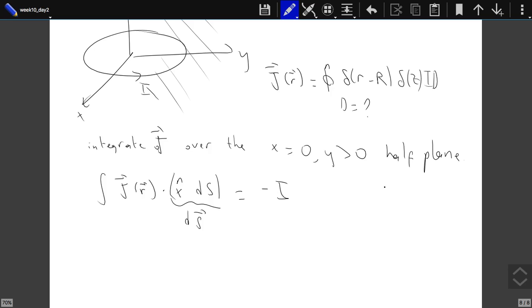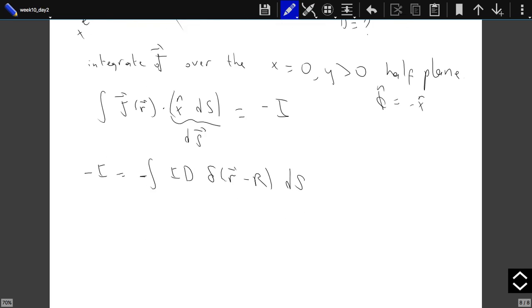So on this plane, phi hat is also minus x hat. So minus I should be equal to phi hat, minus z hat, well, minus x hat, and x hat just gives me minus 1, minus I times d times Dirac delta r minus the capital R ds.